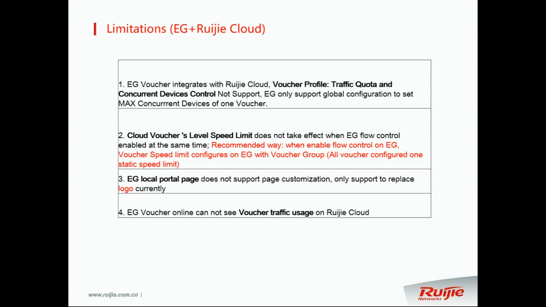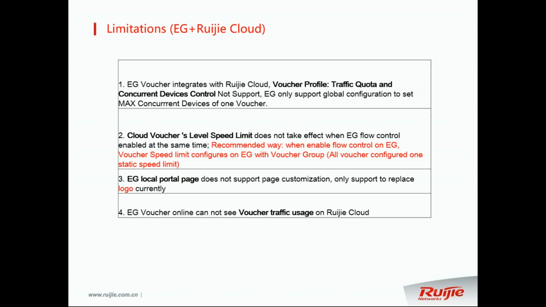Just like I asked the R&D, they told us that nowadays we can only give the user a time limitation, for example 1 day or 2 days. But we don't have how much traffic they have used, because you can see here we have the limitation. We cannot see how much traffic they have.